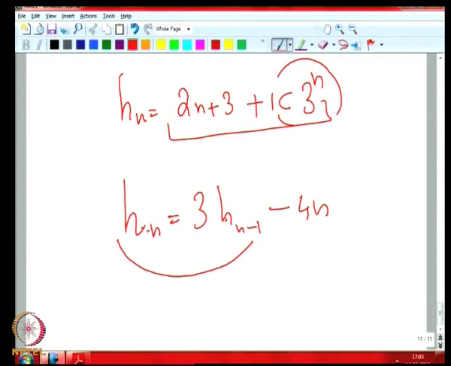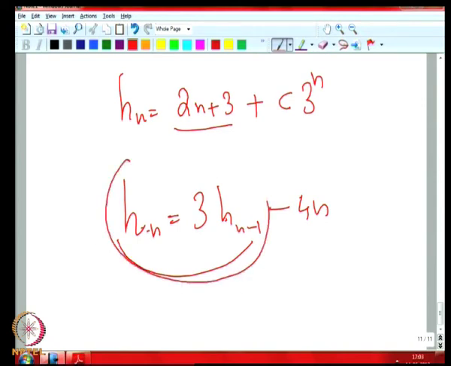Now we only have to worry about whether the 2n plus 3 part balances both sides when I put n equal to n minus 1 and substitute. Will it satisfy it or not? That is all we have to worry about, and we have already seen that hn equal to 2n plus 3 will satisfy this. The contribution from the other part is balanced because it was a solution for hn equal to 3 into hn minus 1, the homogeneous part. Therefore, this is indeed a solution.